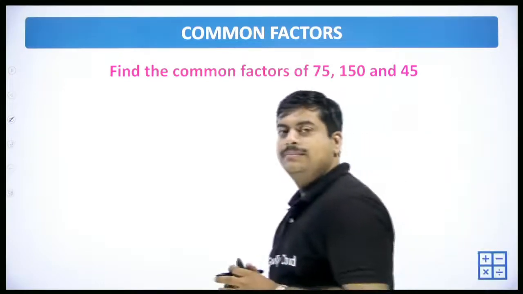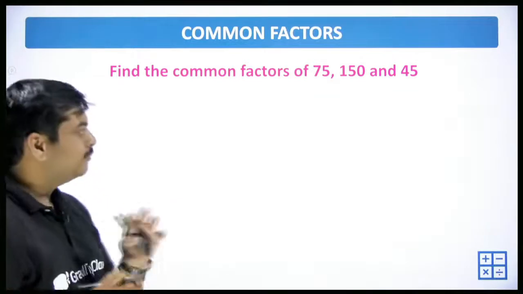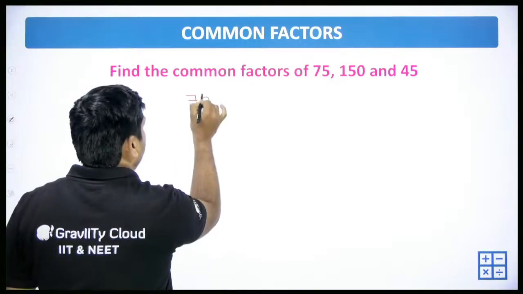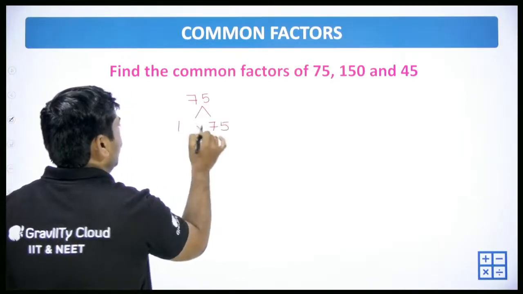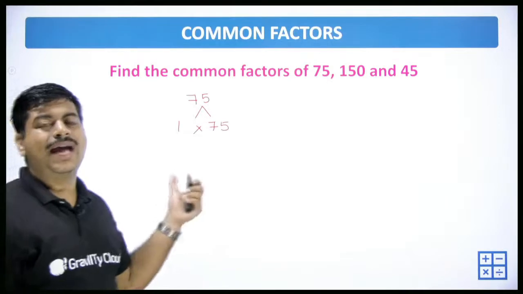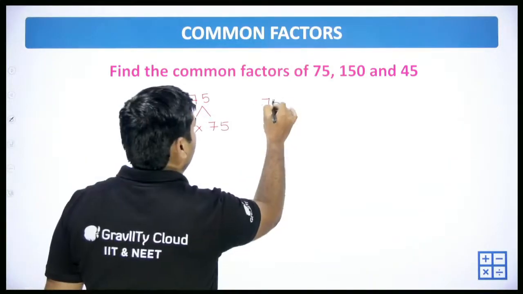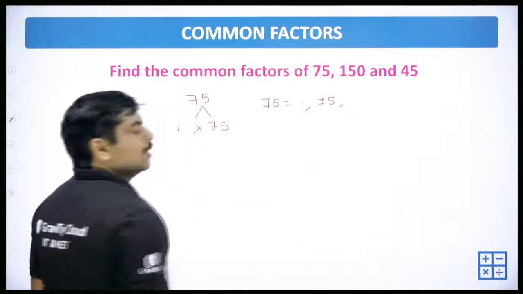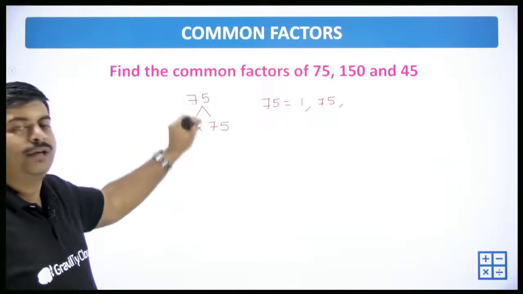So how to write all the factors? There are different methods, but let's try to understand. For 75, I know that 1 into 75, so both 1 and 75 are factors. Can I express that with 2 into something?